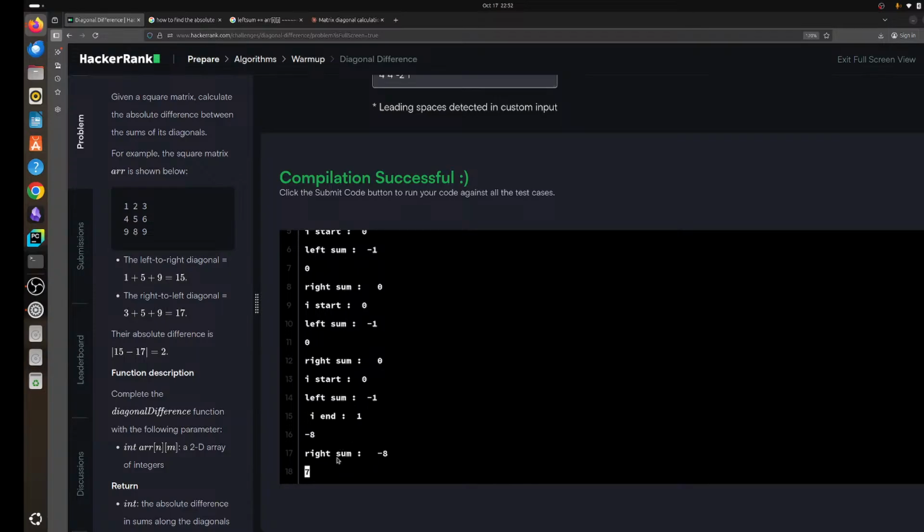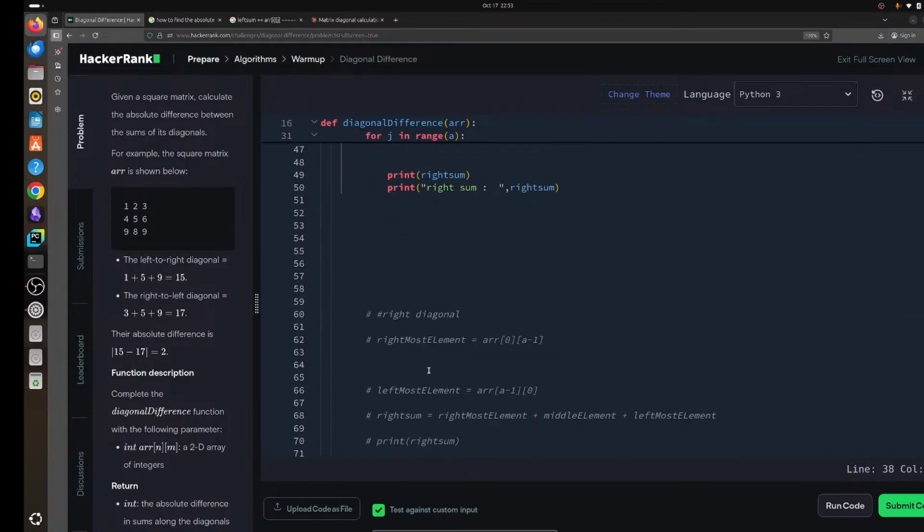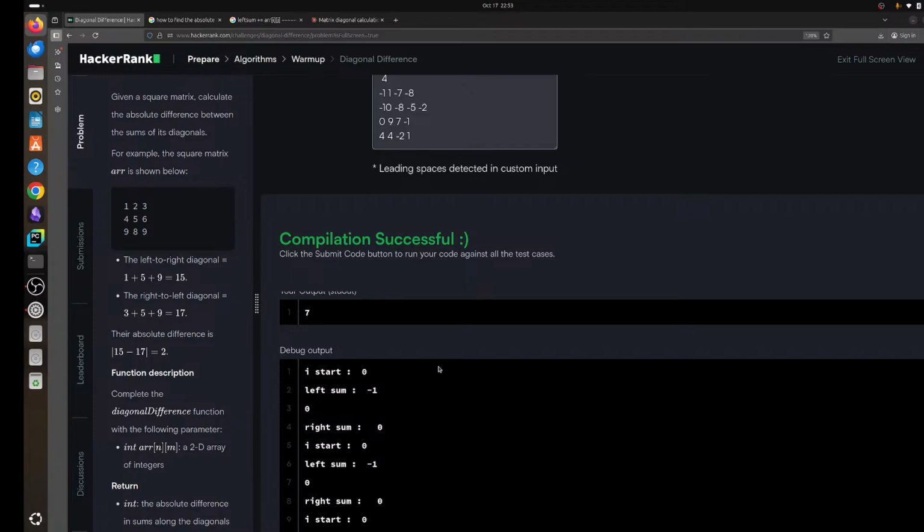Right sum. J should be constant, right? No. Wait, let me see the solution once again.